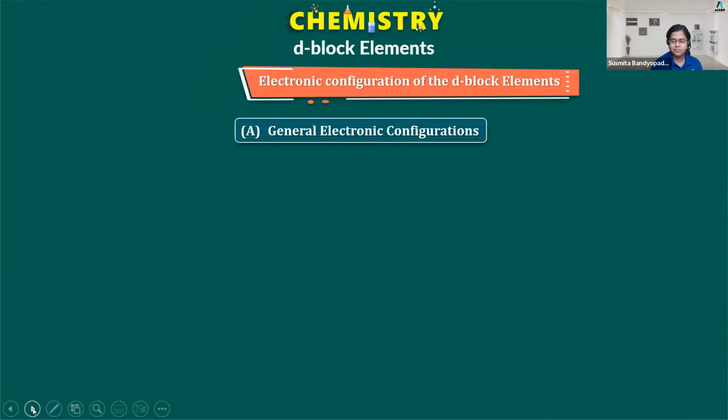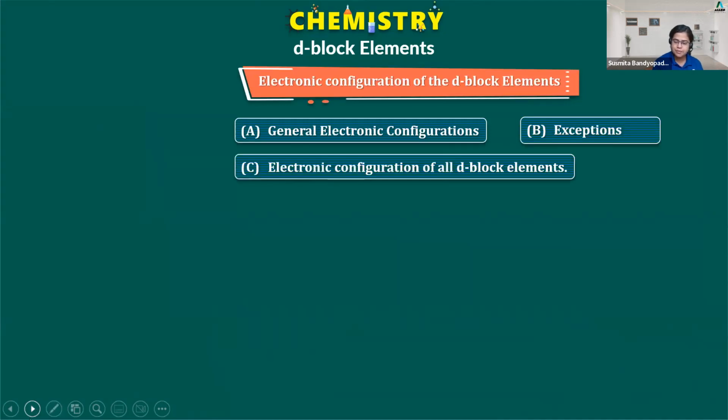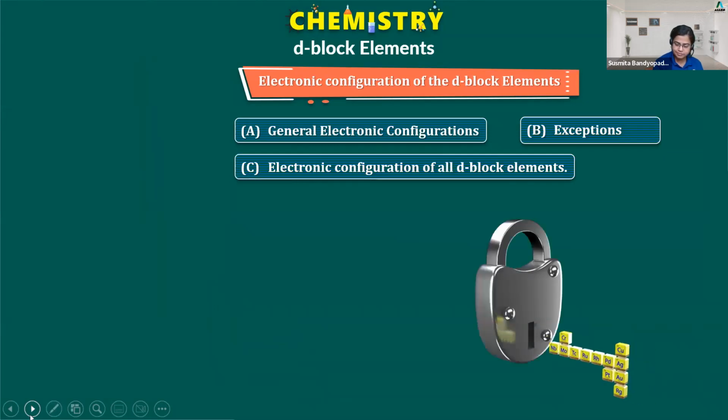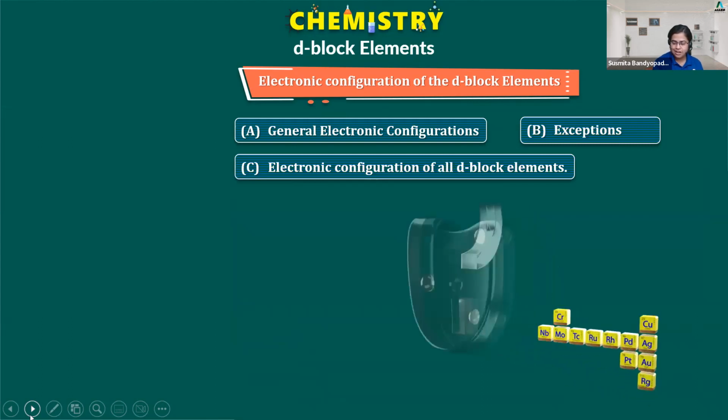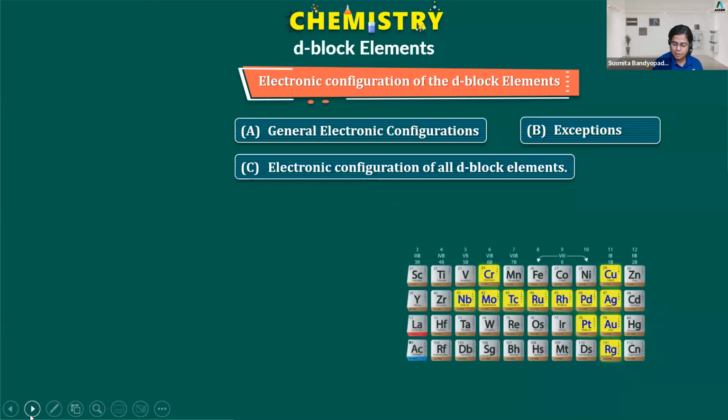Electronic configuration. The general one is ns, (n-1)d 1 to 10, ns 1 to 2, but you will see so many exceptions here. The right key will open the right lock.